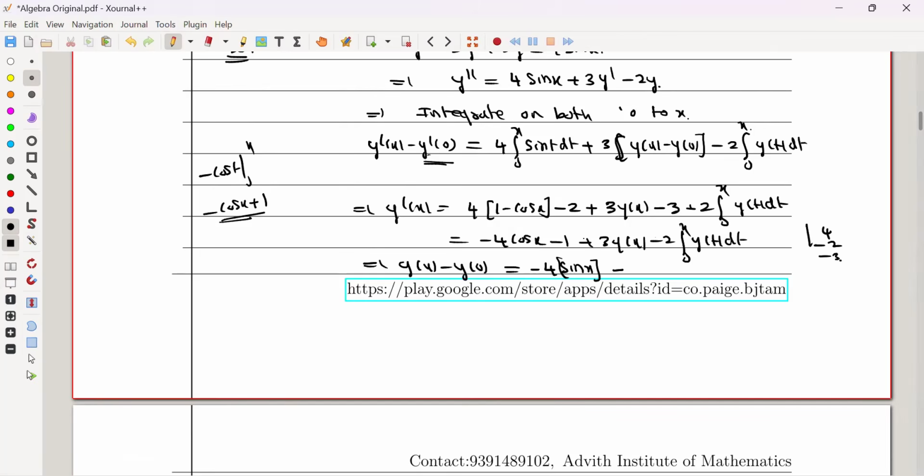Integration of 1 is t, limit from 0 to x, which is nothing but x, plus 3 into integration of 0 to x y of t dt minus 2 into double integration of 0 to x y of t dt is nothing but minus 2 into integration from 0 to x x minus t into y of t dt. So which is equal to y of x equal to minus 4 sin x and minus x.